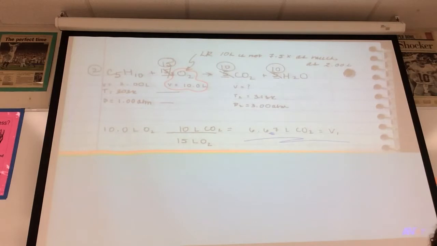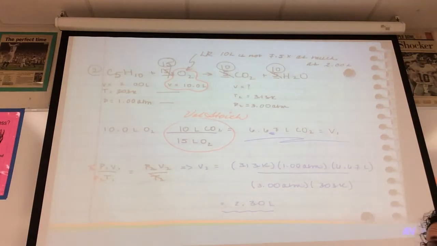So once you have the volume of CO2 under the first set of conditions, which you get by volume stoich, this is your volume stoich right here. Then you should have gotten a volume of CO2 under the second set of conditions of 2.30 liters. Is that what you got?